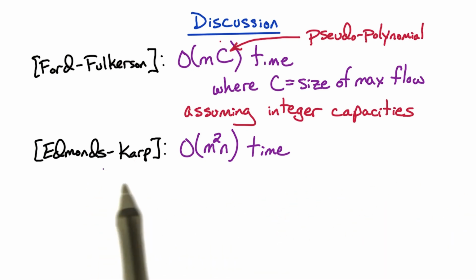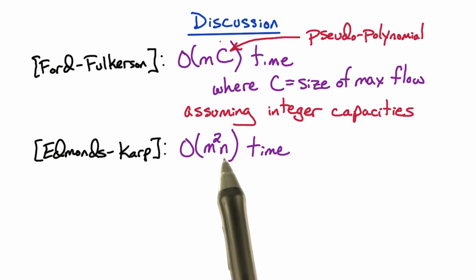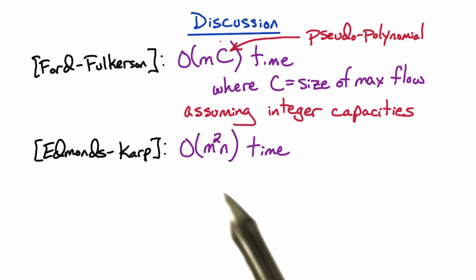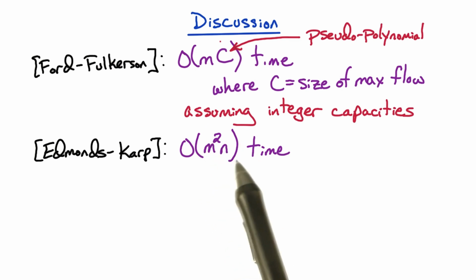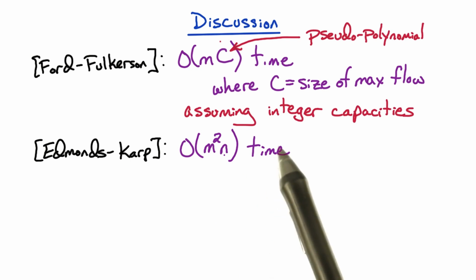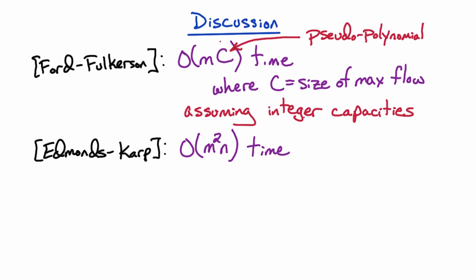To find such a path, we just run BFS. And then what we can prove is that the number of rounds is going to be at most m times n. Since each round, again, takes order m time, the total running time will be order m squared n. So the running time will be independent of the size of the max flow. And we no longer need this assumption that the capacities are integer values.